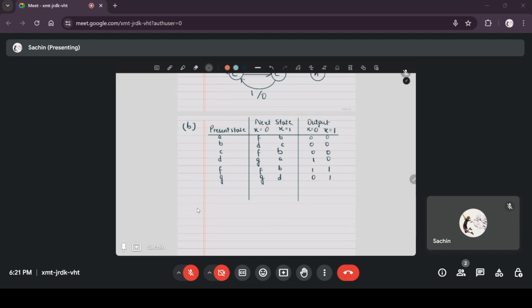Now again we can see that A and C are equivalent because B and E are equivalent. So in the next stage, say A and C are equivalent.